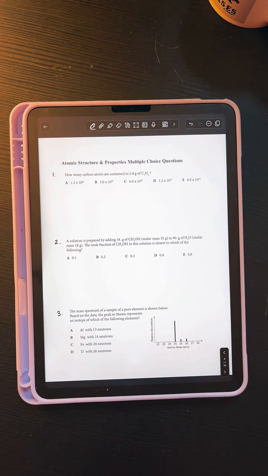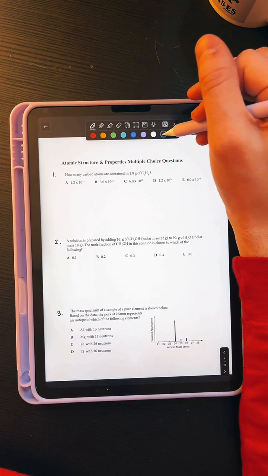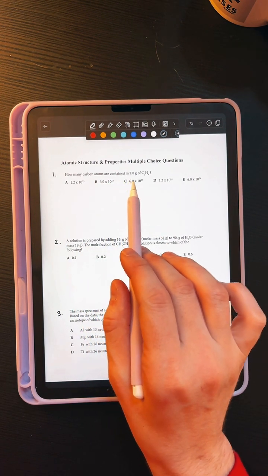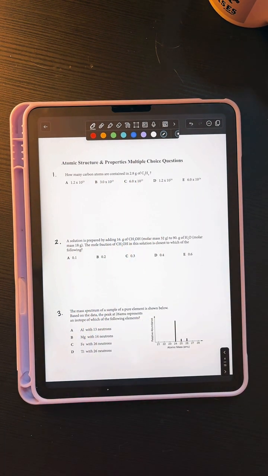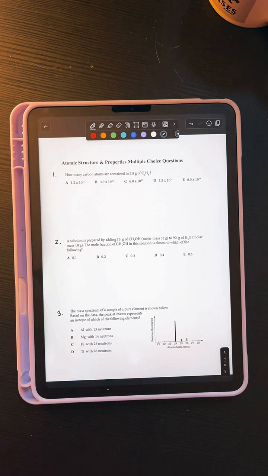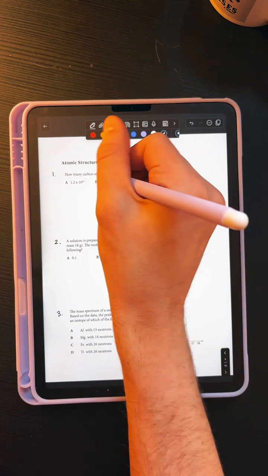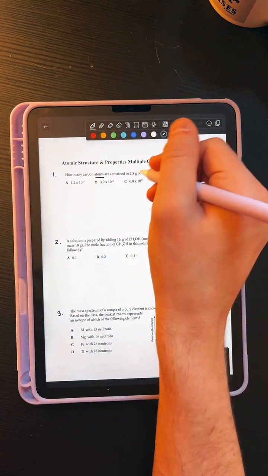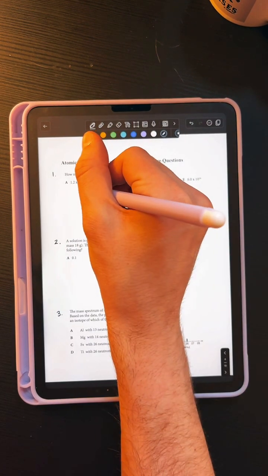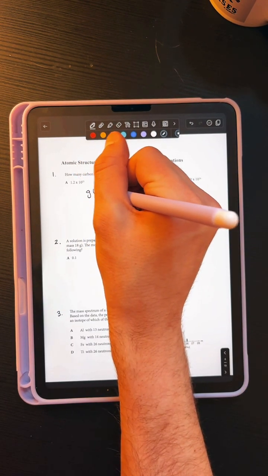All right, let's go through number 1. How many carbon atoms are contained in 2.8 grams of C2H4? Okay, let's make a plan. We want to figure out how many carbon atoms are contained in 2.8 grams of that. So we're starting with grams of C2H4.